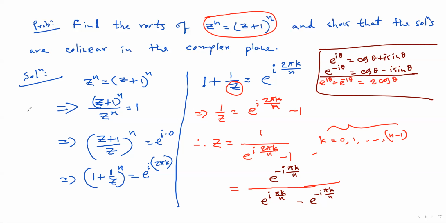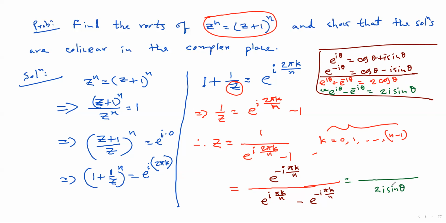And similarly, if you just subtract, e to the power I theta minus e to the power minus I theta, the right hand side would be 2I sine theta. So the denominator here is in the form of this green color one, right? The formula is the green color one. So the denominator is simply 2I sine theta.